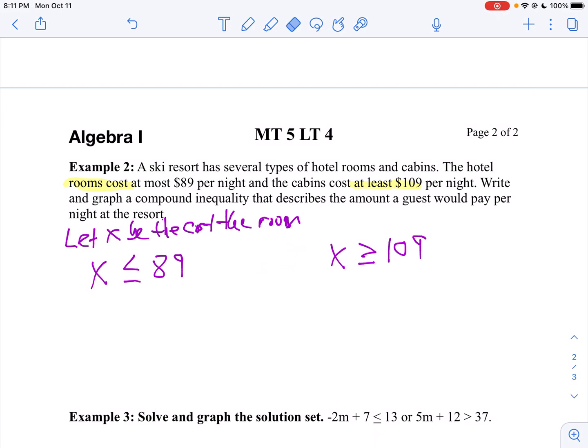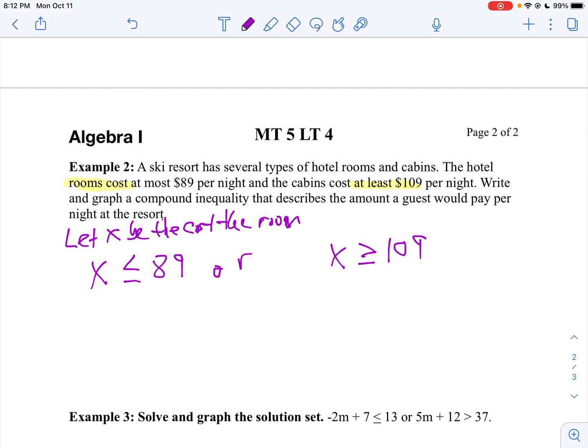It can't be both at the same time. So I'm going to put the word or in there. Because we're going to spend up to $89 if we get a hotel room. We're going to spend $109 if we buy a cabin. So we're going to spend up to $89 or we're going to spend more than $109. And that's all you have to do.